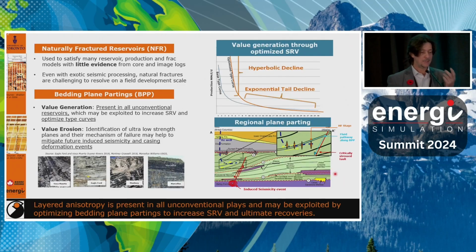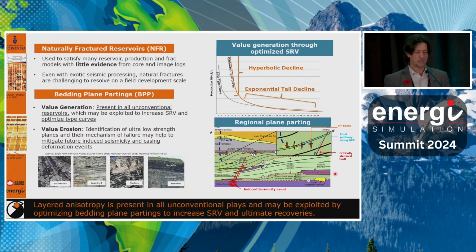So at the end, what I would like to say is that this part of the research is pointing out a few things. First of all, accounting for layer anisotropy that is present in all conventional reservoirs can help in several different ways. One way is definitely that it can help to better model the reservoir and potentially even generate more value, because you can better quantify your reserves.